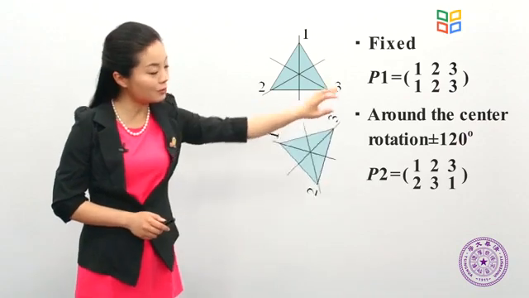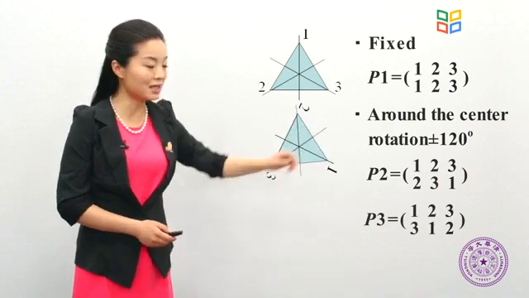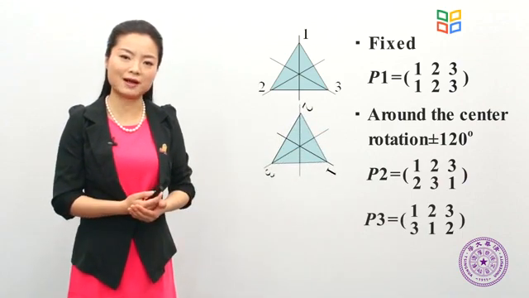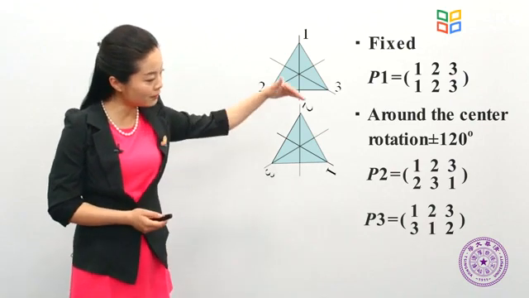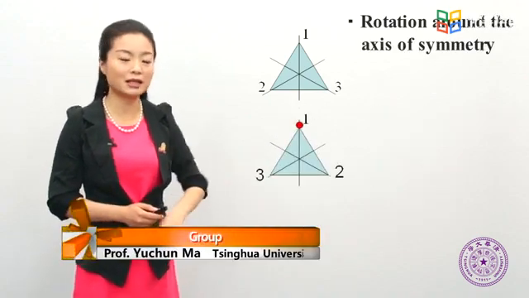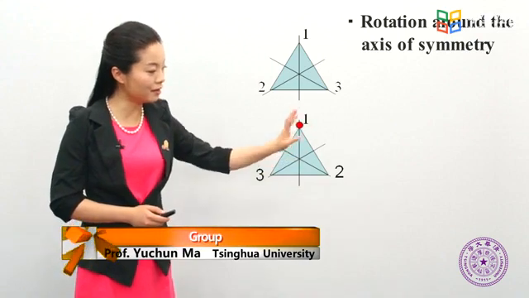Of course, 120 degrees is a possible rotation degree. If it is rotated by minus 120 degrees, we still get a permutation. We use P3 to represent. Then besides the rotation, actually, there is also an axis of symmetry. We can consider, is there any possibility to flip according to the axis of symmetry?